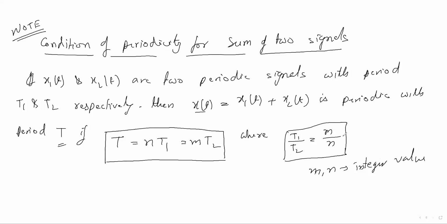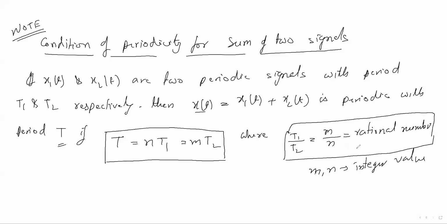And you can say another thing, this T1 by T2 should give a rational number. This is the condition. T1 by T2 equal to M by N should produce a rational number, where M and N are integer values.